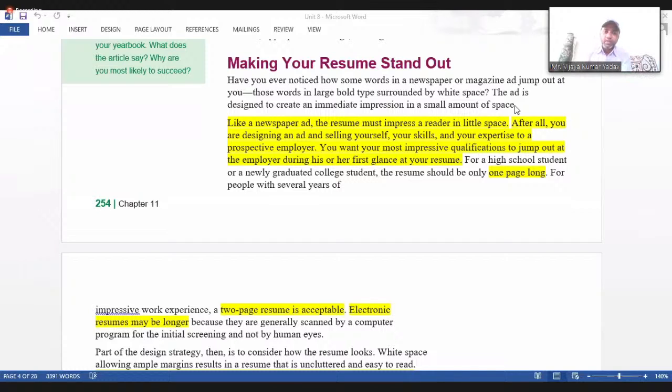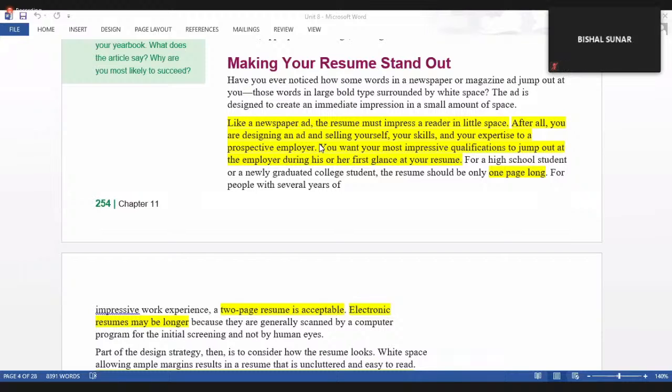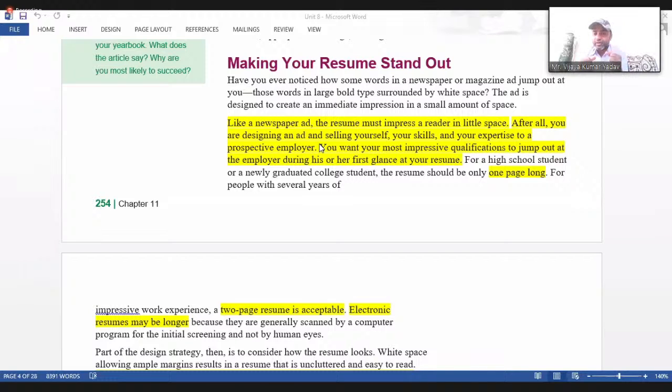In the same way, you have to do this in a resume. Like a newspaper ad, the resume must impress a reader in a little space. After all, you are designing an ad and selling yourself, your skills and your expertise to a prospective employer. So by writing a resume, what are you doing? You are selling yourself. You are selling your skills. You are selling your expertise to the employer. Who is the buyer? The employer is the buyer.